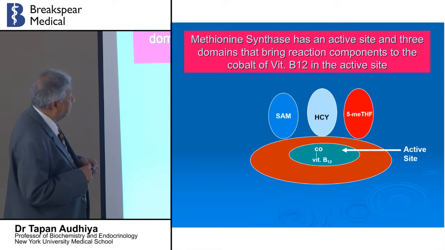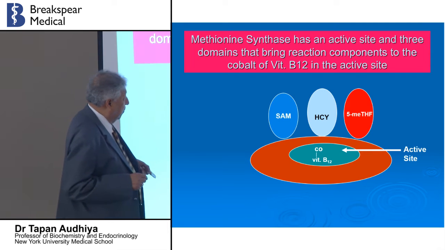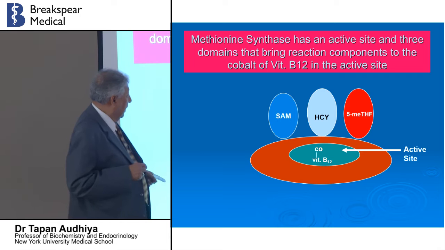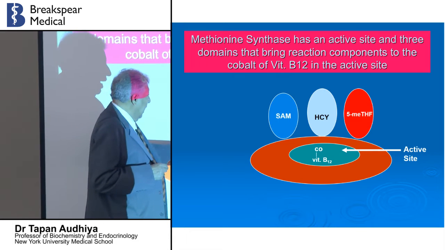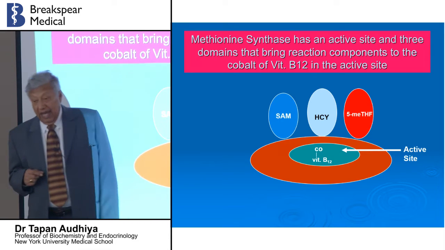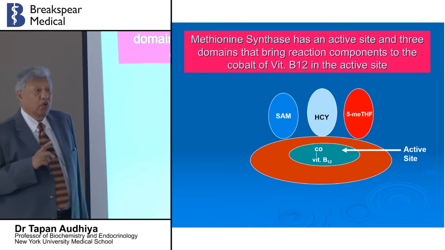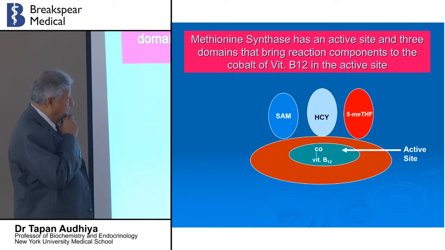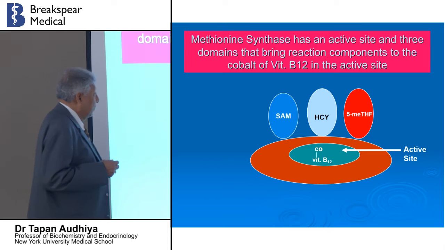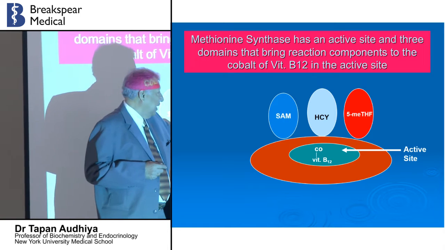In the reaction of methionine synthase, we found the blockage is here and here. As I said, you have to know where and how much to give. If you know where the blockage is, you can easily adjust.